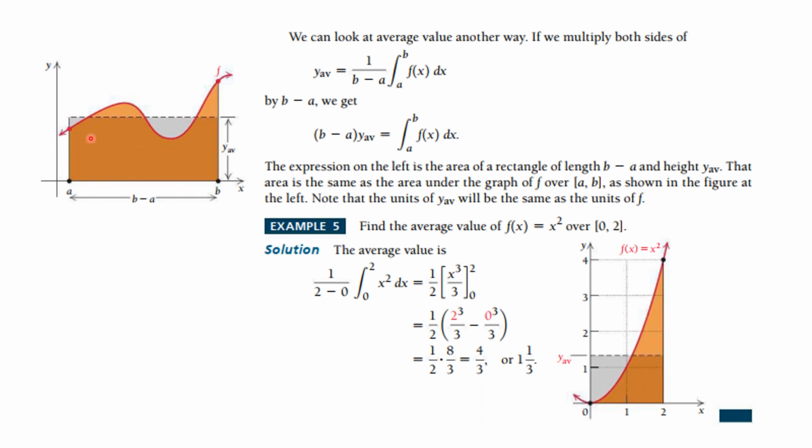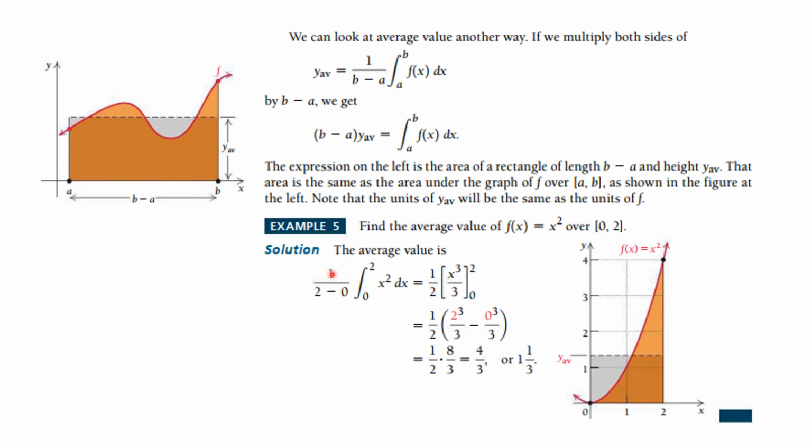Geometrically, that says that this brown area, we're finding the average value so that the area in this rectangle that you see is the same as the brown area. Let's do an example: find the average value of the function f of x equals x squared over the interval from 0 to 2.